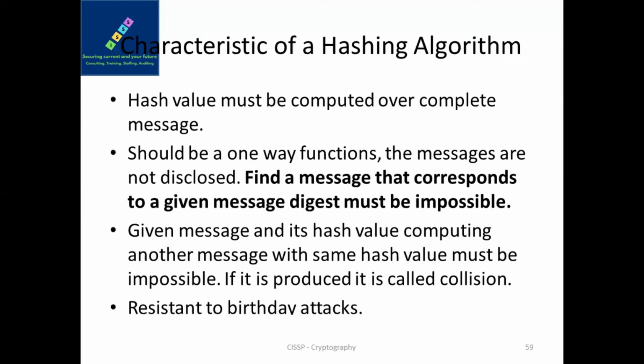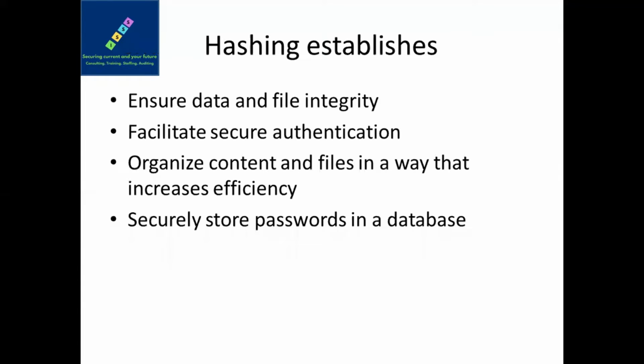It should be resistant to the birthday attack, and we will discuss the birthday attack in the next video. And given the hashing algorithm and the input message, it should be impossible to calculate the same hash value for a different message. If this is possible, this condition is called a collision. There are a few algorithms that are prone to the collision attack that we will have a look at.